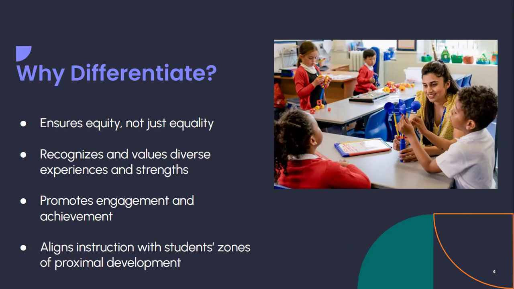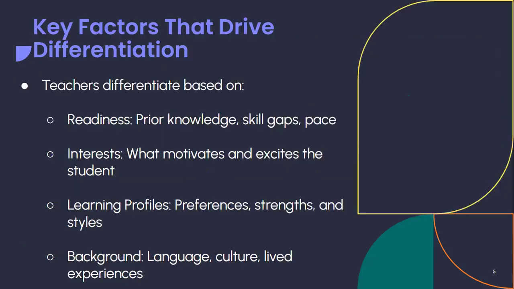Zones of proximal development are those sweet spots where it's just challenging enough to stretch students, but not so challenging that they can't do it without some scaffolding, or can't do it at all. So the zone of proximal development provides scaffolding for them to meet challenging content without making it too challenging for them. So differentiation is how we meet these goals.